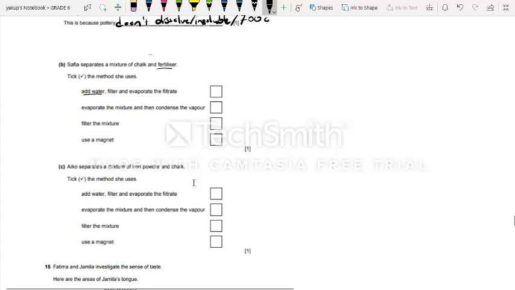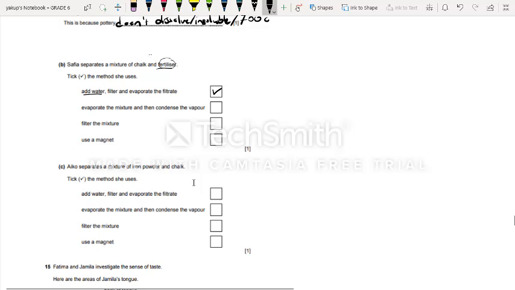The fertilizer will pass through with water through the filter paper, right? And only chalk stays behind, okay? And the fertilizer water, if you evaporate that solution, what's going to happen? The water will evaporate and only fertilizer remains behind in the can, okay? The answer must be the first one.